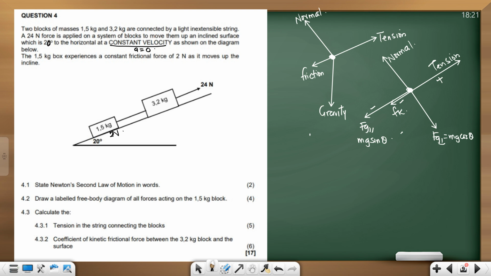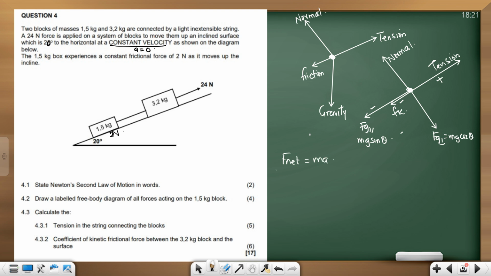Calculate the tension connecting the blocks together. All right, let's see. Where do we have a lot of information? We're looking for tension. Let's go check on the 1,5 because that's where we're starting from. So F net equals MA.